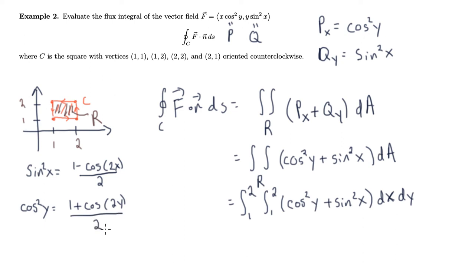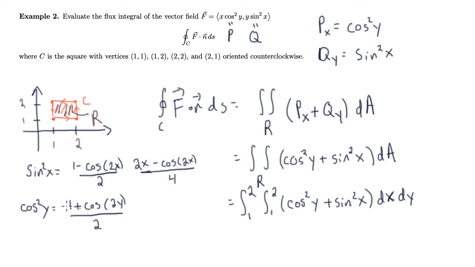Okay, so then what's an antiderivative of sine squared x? Well, I just need to take an antiderivative of this. So we have x, and then this is going to be minus cosine 2x over 2, but I can just write that as over 4 and put a 2 there. So this is the antiderivative of that.